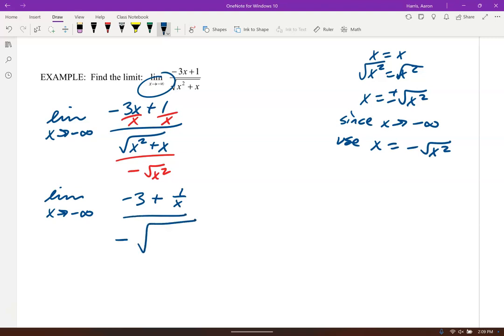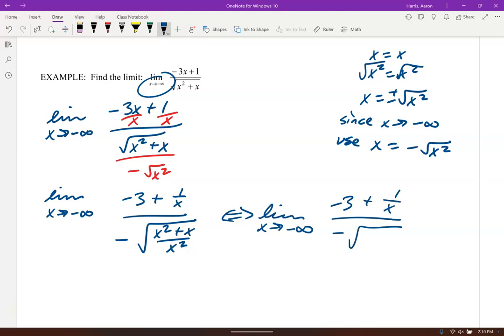I'm going to put this all underneath the same radical, then x over x squared is 1 over x. So I got negative 3 plus 1 over x, over negative square root of 1 plus 1 over x.